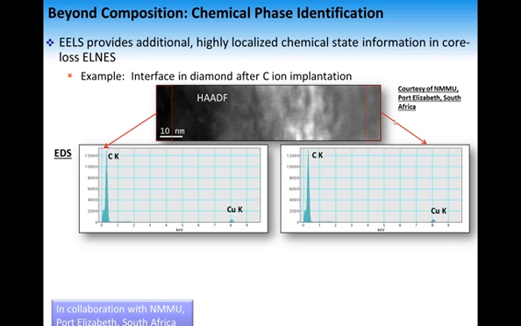This is as much as we can say about this material looking at EDS. We can see that there is copper, but the copper is not coming from the sample, it's coming from the Omniprobe. This sample was prepared using FIB.